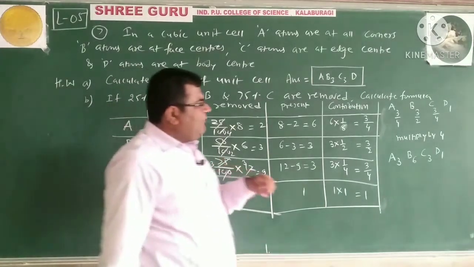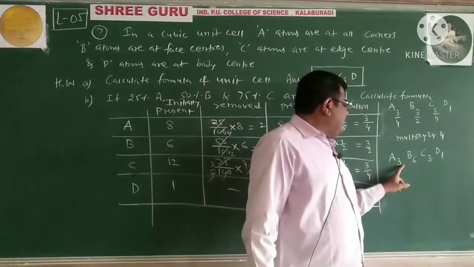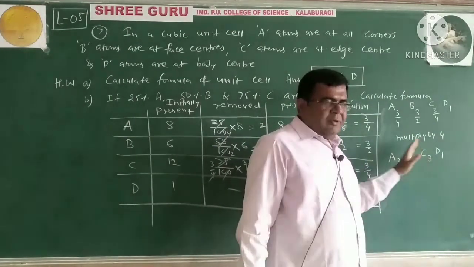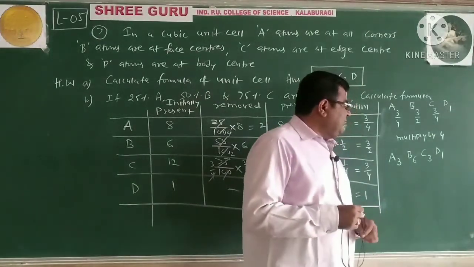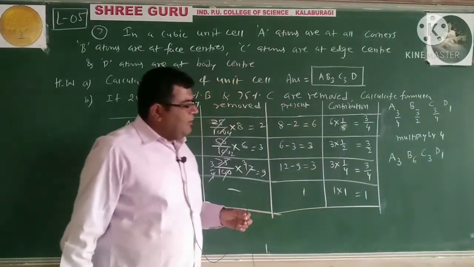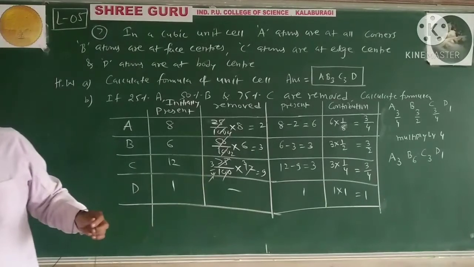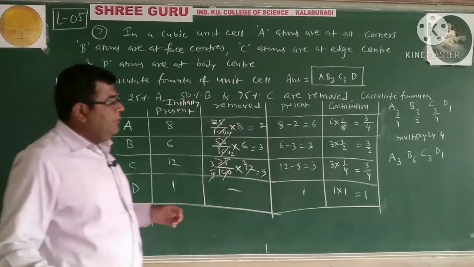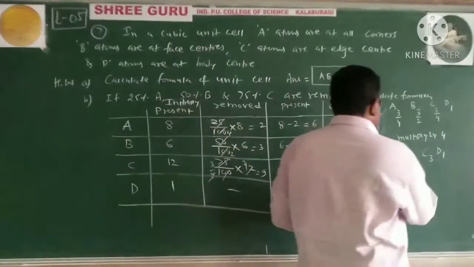We cannot simplify it further by dividing by 3, otherwise this will be half. No need to do that. This is the correct formula. This would be our correct answer, right?